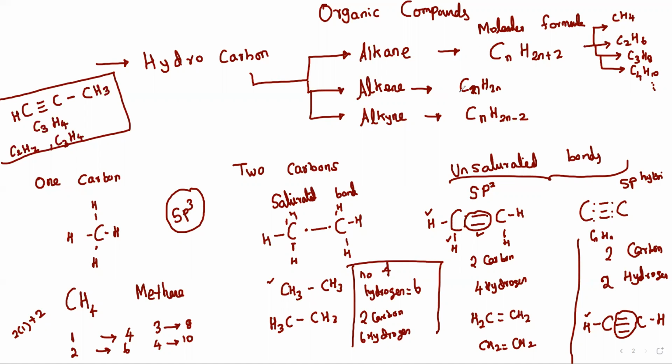There is another classification in which carbons can be joined together in cyclic form. That is a different calculation. What we are studying are called aliphatic compounds. In organic compounds, the first type is aliphatic compounds.